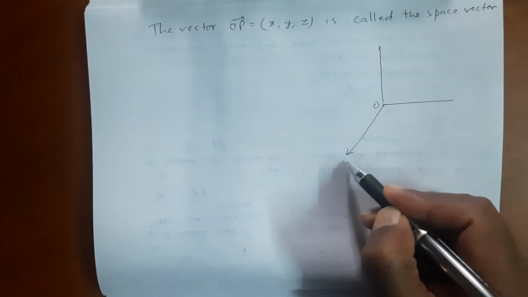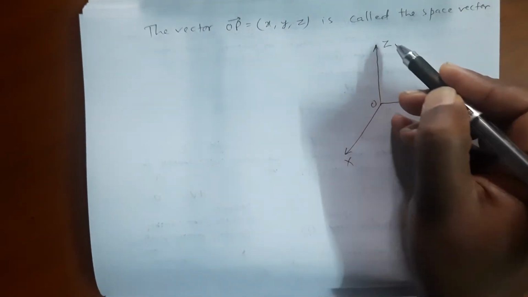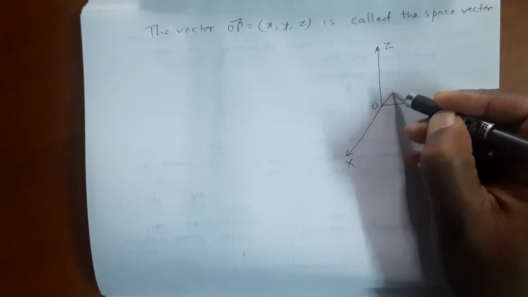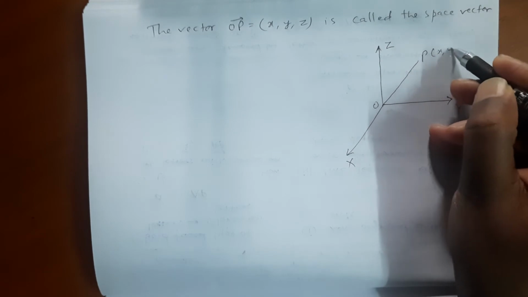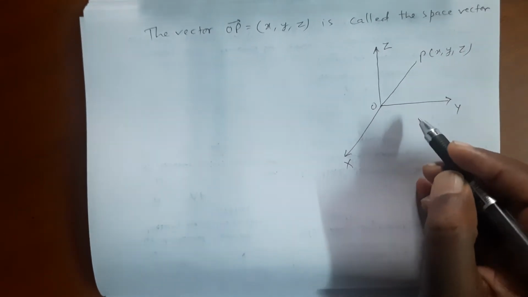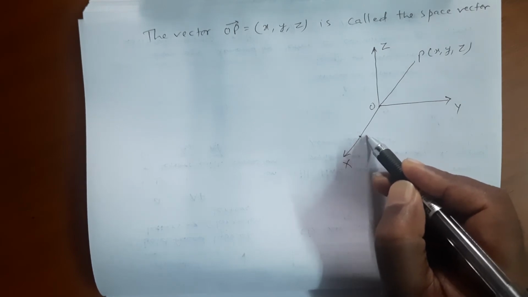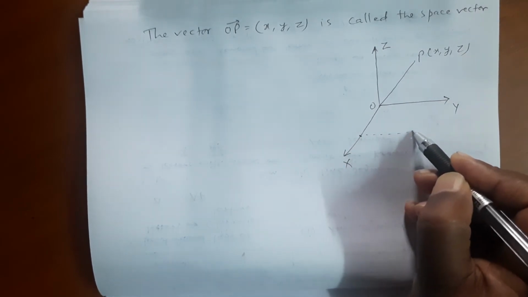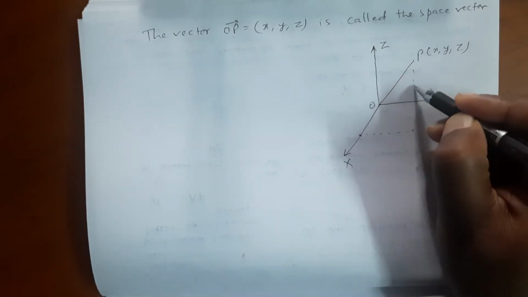O, here x, y, and then z, and this is the OP vector. It is x, y, z: along the x-axis, x steps we have gone, and along the y-axis, y steps we have gone, and vertically along the z-axis, z steps up we have gone.